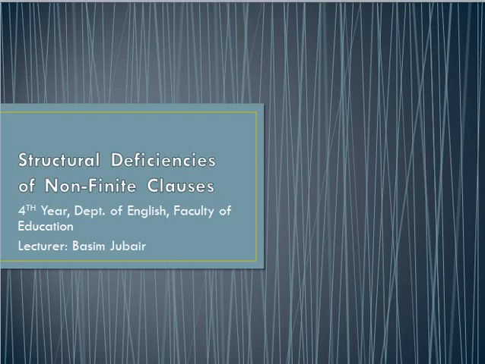However, if you remember, I said that due to stylistic purposes, we find such grammatically acceptable or grammatically well-formed constructions. These constructions are at the expense of the meaning and the structure of a given sentence.